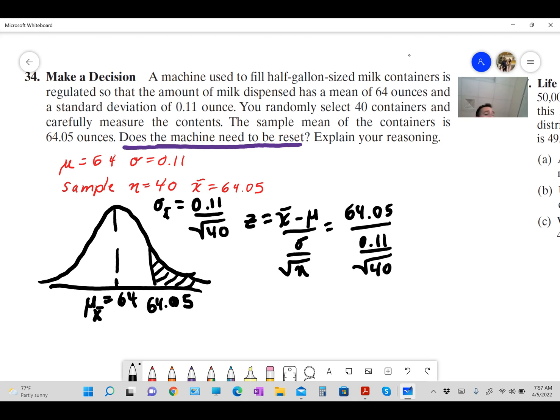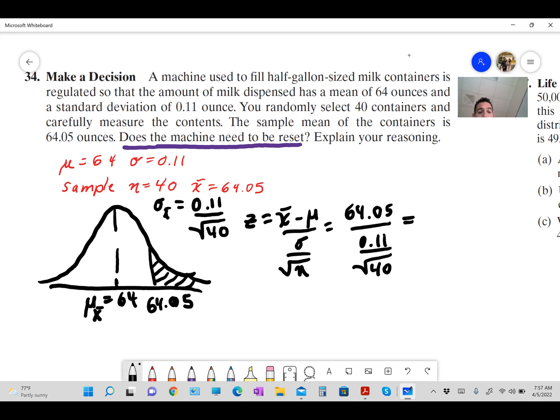A lot of you have issues with putting this in your calculator. If so, make sure you do the numerator and denominator separately. I take my numerator, 64.05, divided by parentheses 0.11 divided by the square root of 40, and I get a ridiculous number.